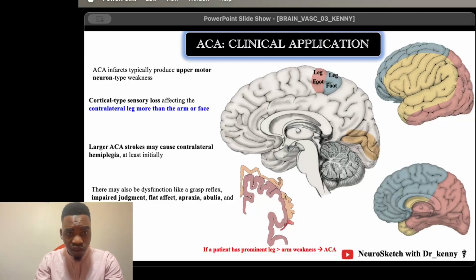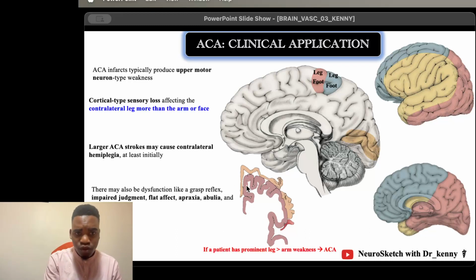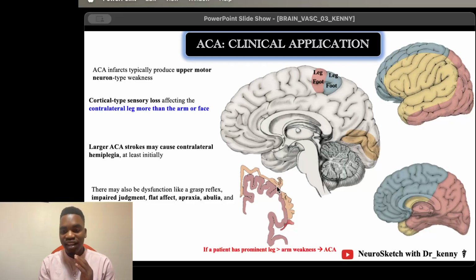Why? Because we know the arm is on the lateral side, so it's not supplied by the anterior cerebral artery; it's supplied by the middle cerebral artery, and the leg is supplied by the anterior cerebral artery. So if we have more leg symptoms than arm symptoms, you should suspect the anterior cerebral artery. So that was it for today's discussion of the anterior cerebral artery.